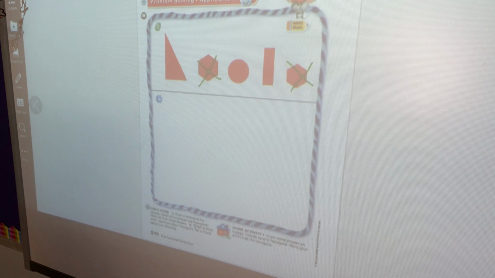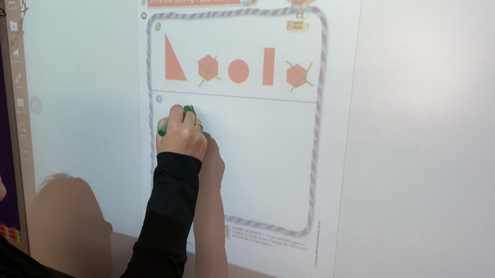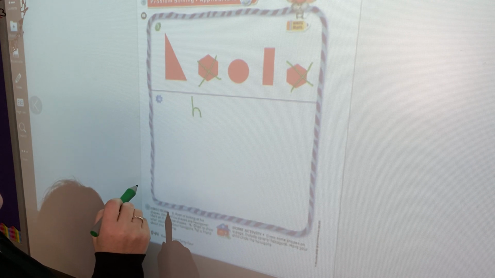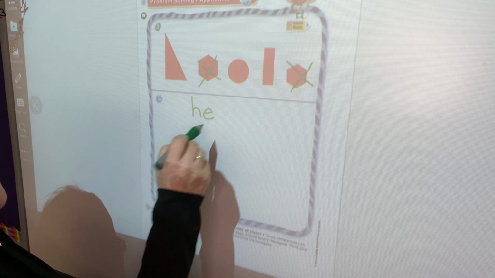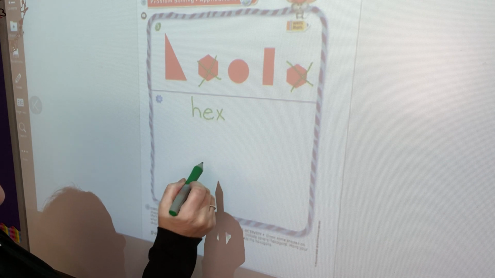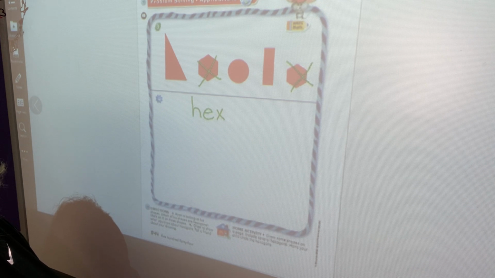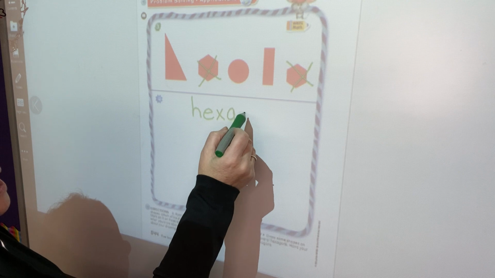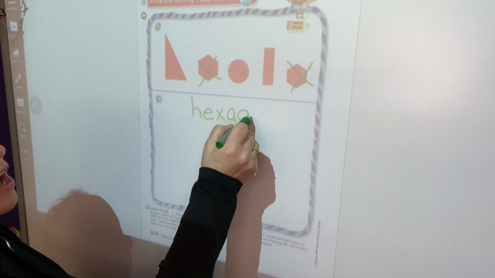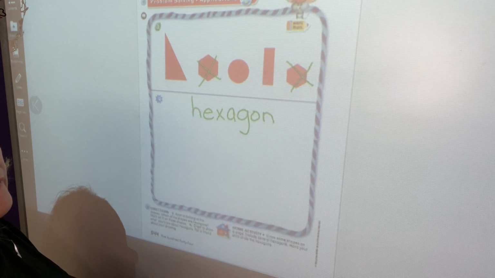Now the last thing I want to do is I want us to show what we know about a hexagon. Let's start with the word hex. H, E, hex, x, x, hex. I know you want to say U because it says a, but it is actually an A. Hexa, g, on, hexagon.